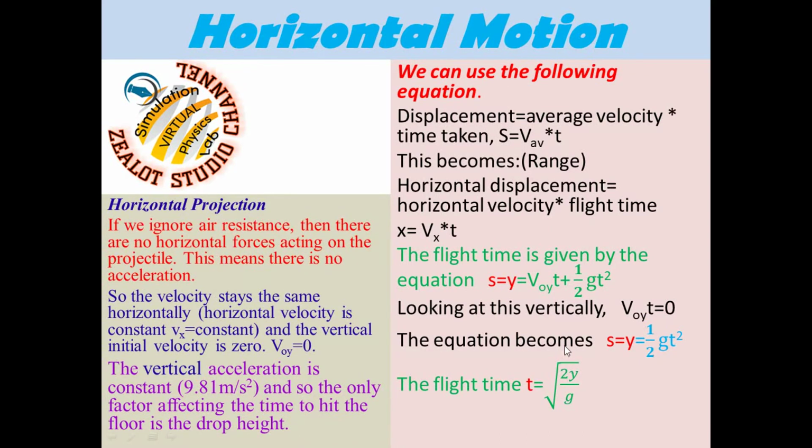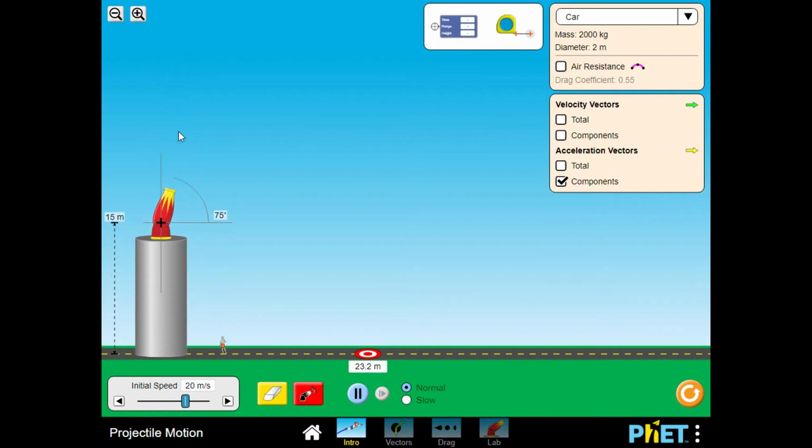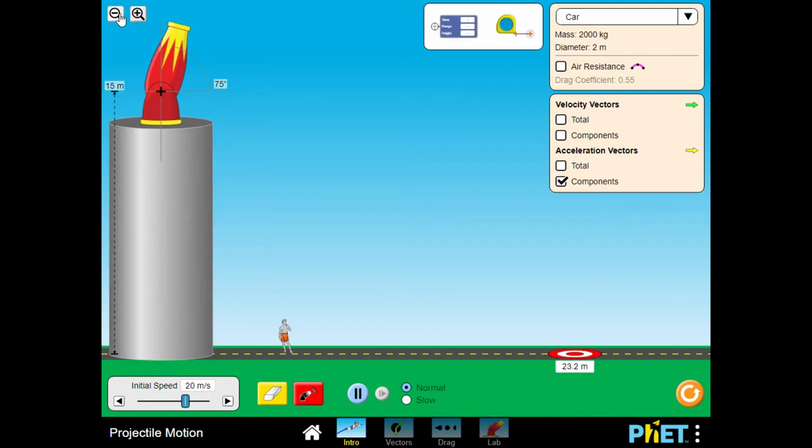So we'll come back to this. Here is the simulation, with horizontal displacement increasing up to 10, 12, 14, 15. When the angle is zero, it is horizontal projection.